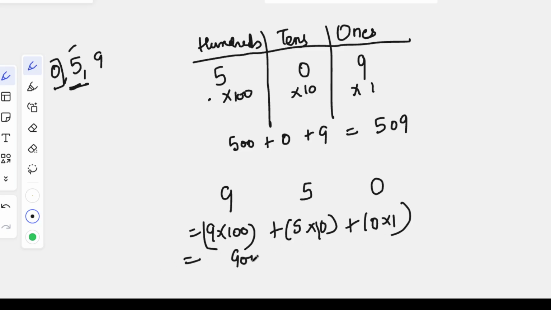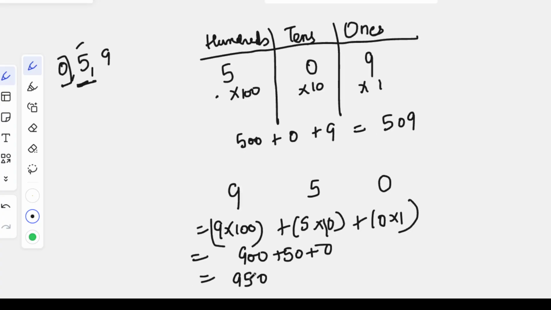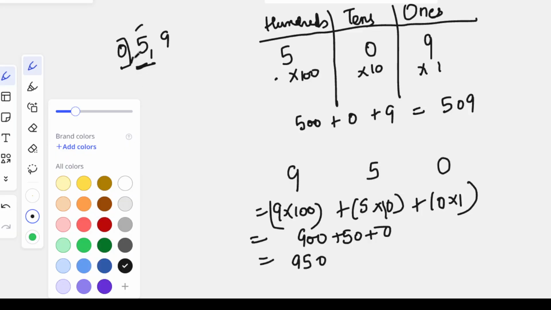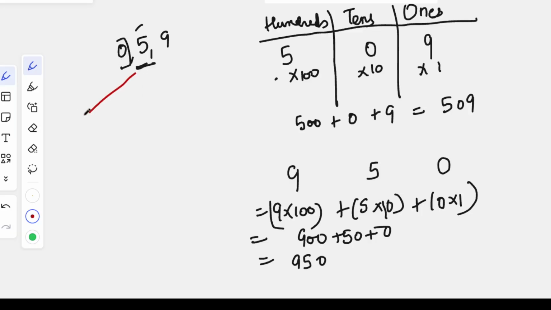We get 900 plus 50 plus 0, which gives us 950. So the smallest three digit number we got is 509, and the greatest three digit number we got using 0, 5 and 9 is 950.